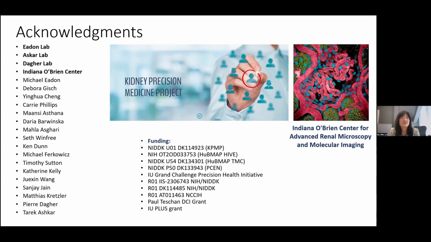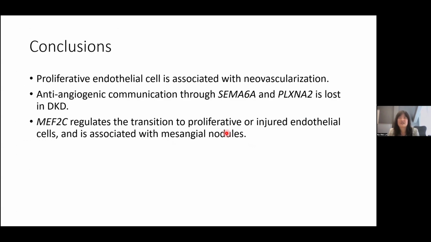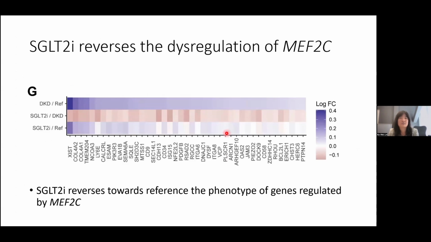One question from the audience: you mentioned in the summary that SGLT2 inhibitor may help restore the balance of MEF2C activity. Do you see this finding contributing to potential therapeutic targeting? I'm not familiar with DKD, but I'm trying to understand, is this close to translating to a treatment strategy?